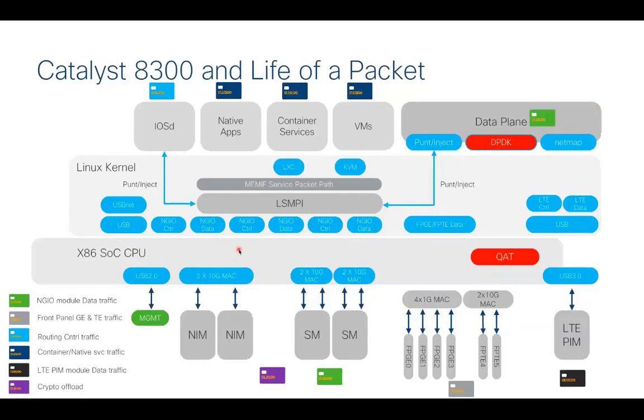Basically, the NIM and the SM module to the data plane for data traffic, the I/O ports to the data plane for data traffic, the IOSd to the data plane for control and routing traffic, the service plane to the data plane for container, native, and KVM-based applications, and we have the LTE SIM to the data plane communication for data traffic.